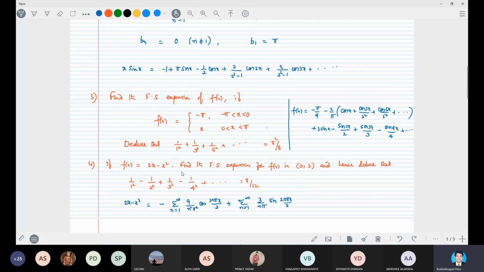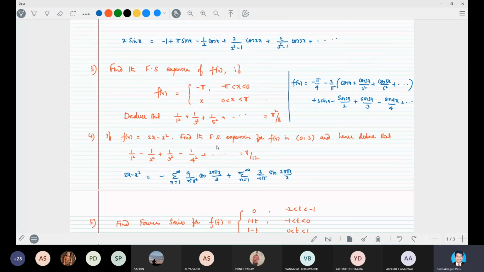In the same way, you will see some of the problems I have written here. I will upload this document for you to do the same, where the fourth problem we can see very clearly. The fourth one is, if f(x) is equal to x minus x square, find the Fourier series expansion for f(x) in the interval 0 to 3, and hence deduce that this is the result.